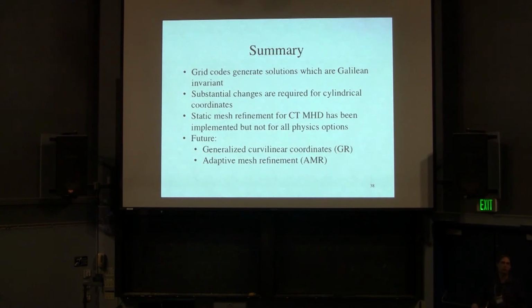For example, the cooling and the chemistry and all that kind of stuff is not really working because you've got to do all that carefully with the prolongation and restriction. What's coming up in the future will be more generalized curvilinear coordinates so we can do GR, and there will be an AMR package implemented in the next year or two for another project we're undertaking starting soon. So that's what's coming in the future. And I'll quit here. Thank you.